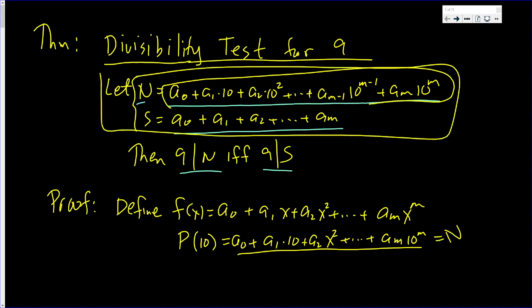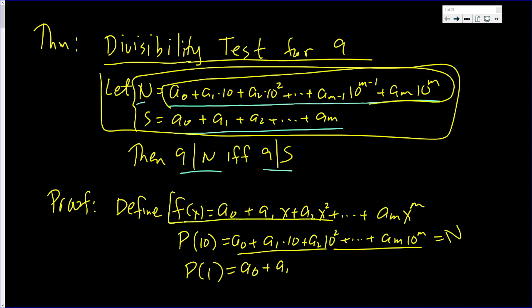That's n. And also p of 1 will be a0 plus a1. Something's wrong here. Right here, p of 10, it should say a sub 2 times 10 squared.